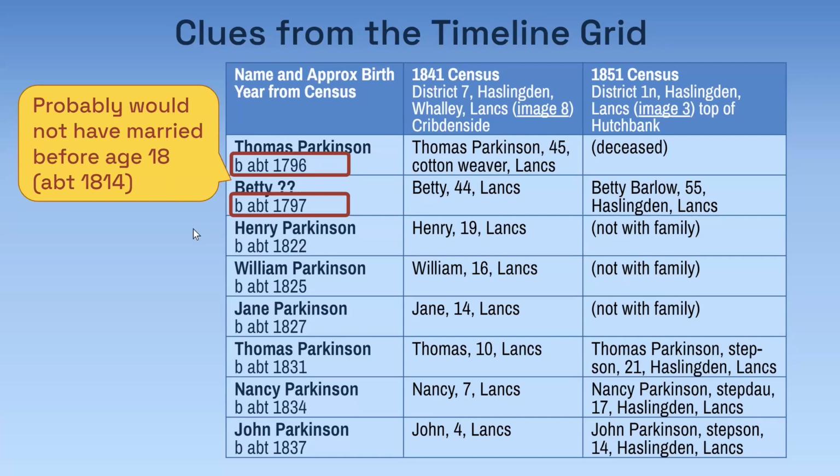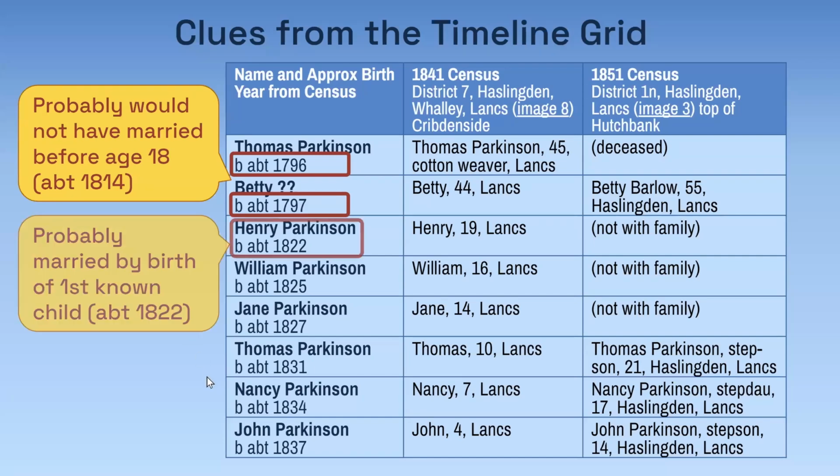Women usually got married a little younger than men as a general rule in the older days, I should say, like in the 1800s and earlier. We also know something really important from this first child that's listed here. The couple would have been married by sometime in 1822 or about 1822 because that's when their son Henry was born.